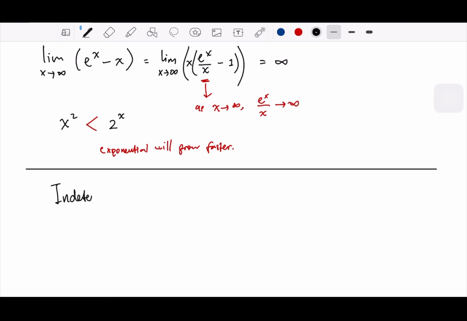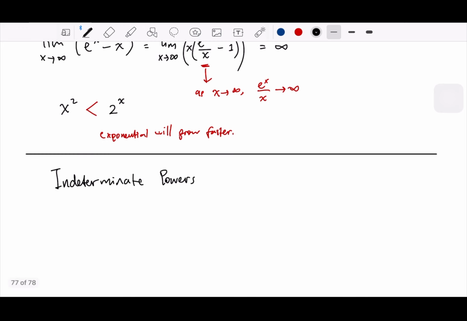Okay, another section is called the indeterminate powers. I think this will be the last section on the indeterminate forms. So this form is going to have a power. So in the limit, you have f, and it will be powered with another function g.